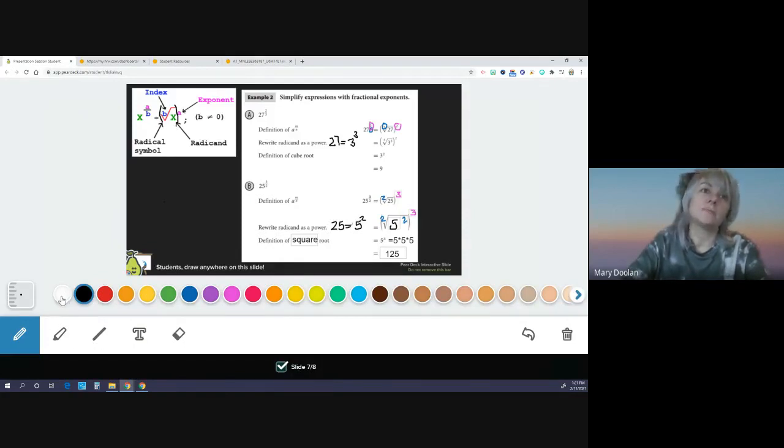We can actually just write it, right? You can come in here and just use your drawing tool. A to the m over n is equal to a to the 1 over n to the m. So they break it apart, right?